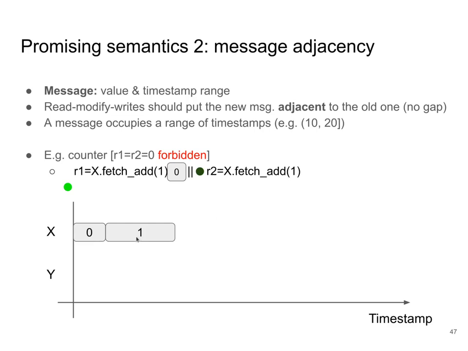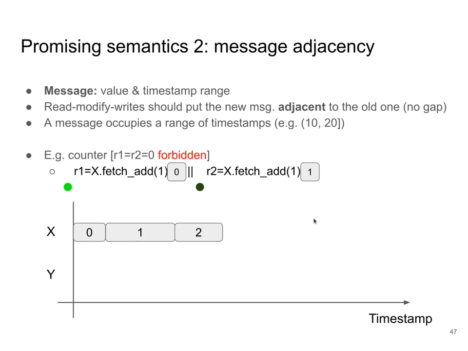So only this one message can be read, modified, and written, and as a result, this message should be appended after the 1. It cannot be appended right after the 0 message because this position is already taken. Instead, it is taking this position by incrementing the value 1 by 1. And the result should be 2 because the original value is 1.